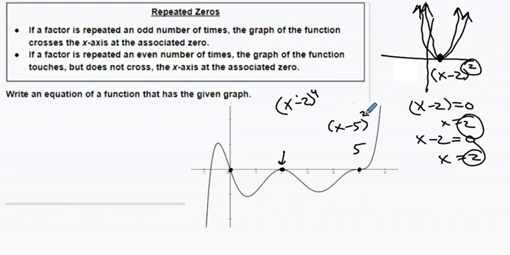But if it's to the third power, it does this little loopy thing. So this could be a triple root, a repeated zero. This could be a root to the second power, to the fourth power, to the sixth power.